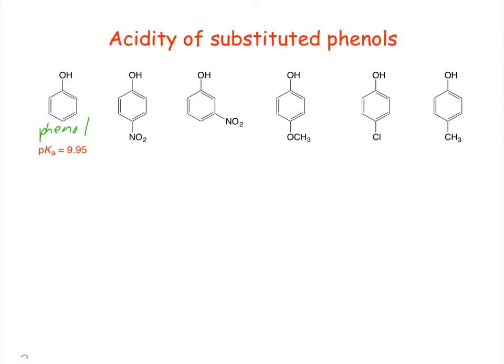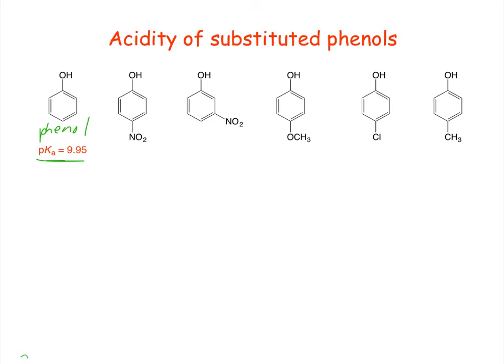And we're looking at the acid-base chemistry. We want to decide whether these other groups are going to be stronger acids or weaker acids. So the pKa of phenol is 9.95. It's not a great acid, but it can function as an acid.